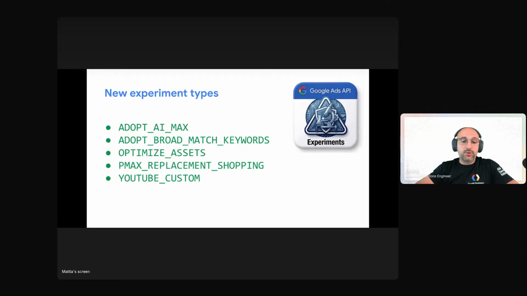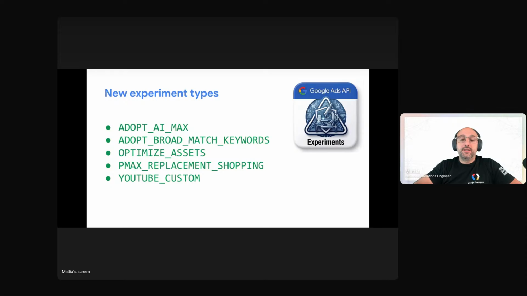For instance, there's one that is called Adopt AA Max. You can use it to test how AA Max would help engage more customers by using Google AI optimizations. And you can get an actual measurement of the impact that adopting AA Max would make.